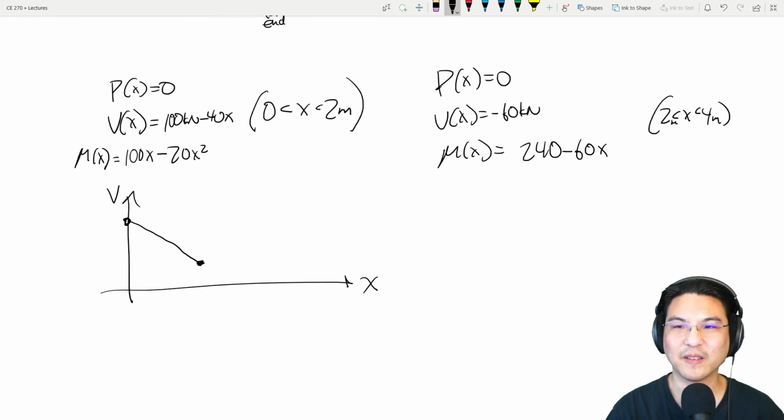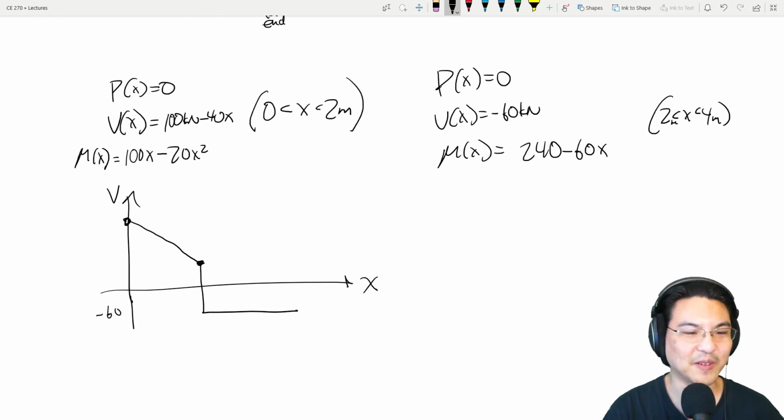And then for x between 2 and 4, it's negative 60. So it just kind of suddenly changes like this. And there we go. So that's what the shear looks like. And how much was that? Negative 60 over here. This was 20. And this was 100 kilonewtons, right?